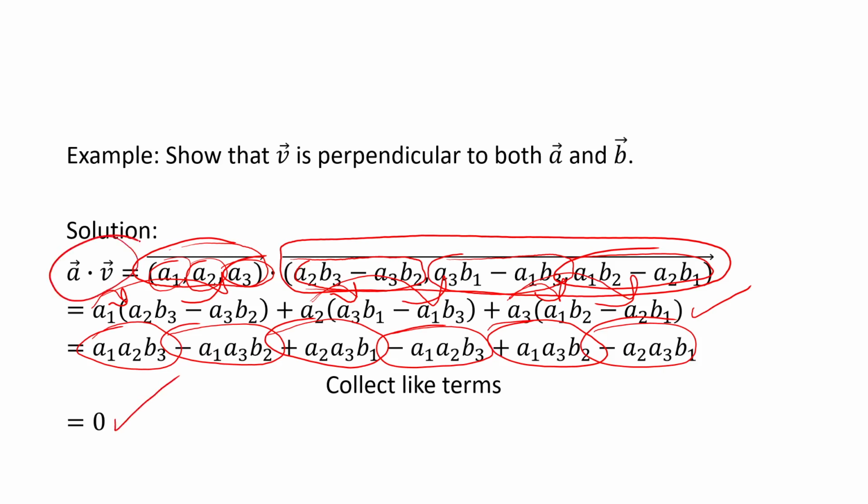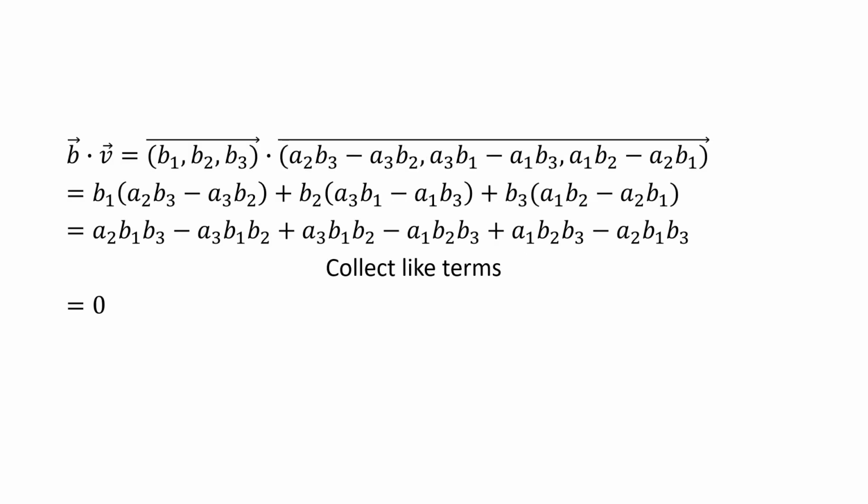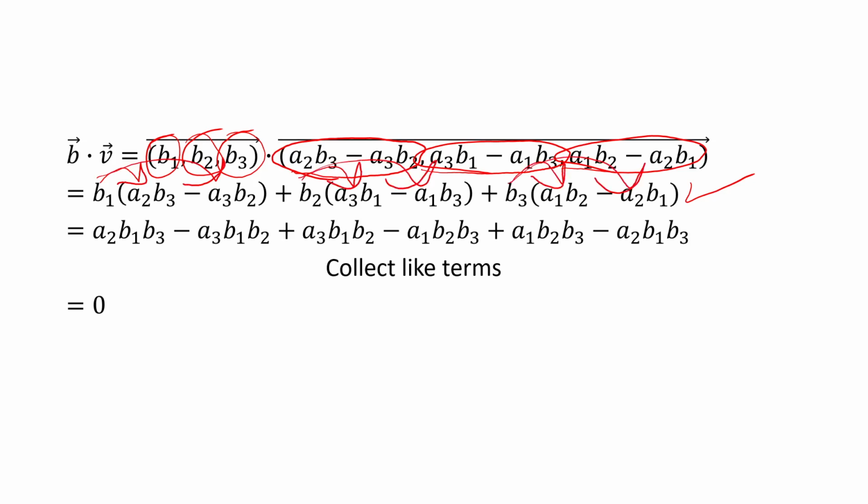So that vector that we determined with that formula, dotted with a, gives us 0, so it's perpendicular to a. It's also perpendicular to b for the same reason. b1 times (a2b3 minus a3b2) plus b2 times (a3b1 minus a1b3) plus b3 times (a1b2 minus a2b1) is given here. We can distribute b1 in, and we can distribute b2 in, and we can distribute b3 in.